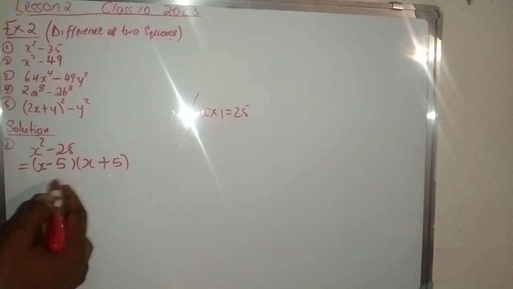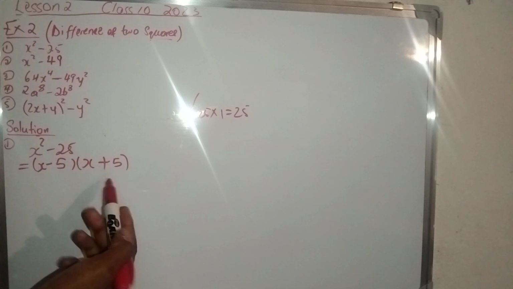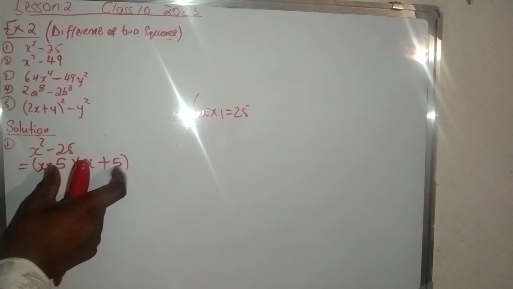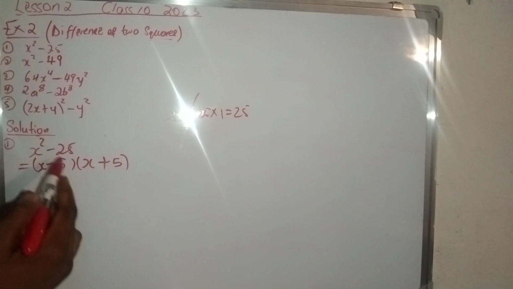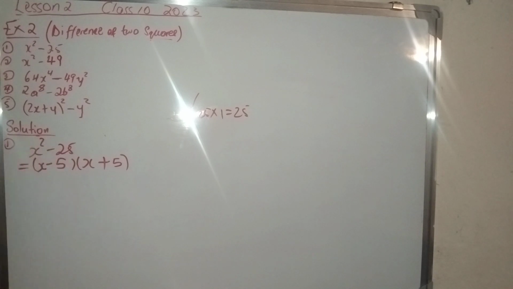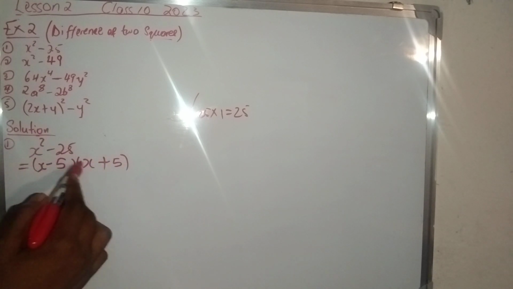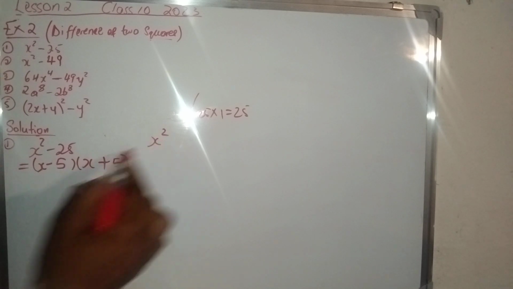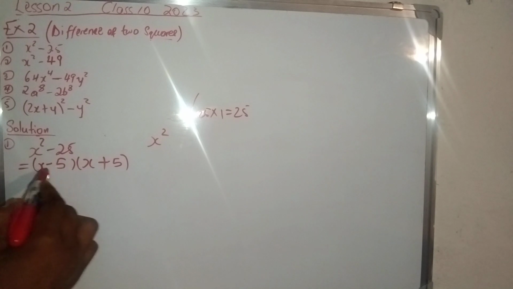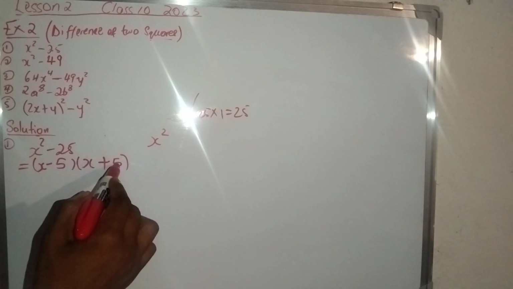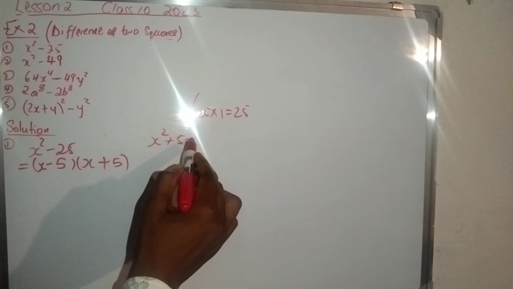Now we can quickly prove this: if we multiply these terms and then subtract the like terms, we want to see whether we end up with this, right? So let's quickly check that here aside. x times x is x squared. Now x times 5 is plus 5x.